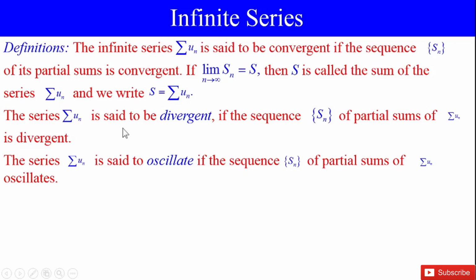The series sigma un is said to be divergent if the sequence Sn of partial sums of sigma un is divergent. The series sigma un is said to oscillate if the sequence Sn of partial sums of sigma un oscillates.